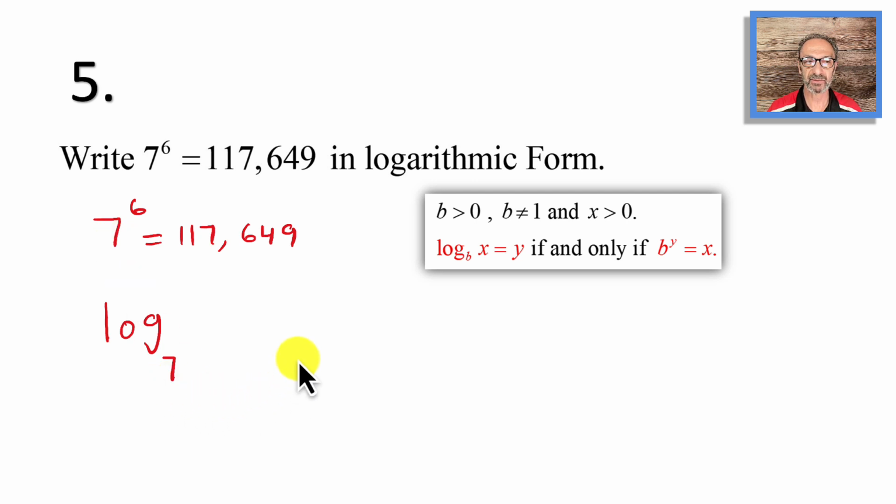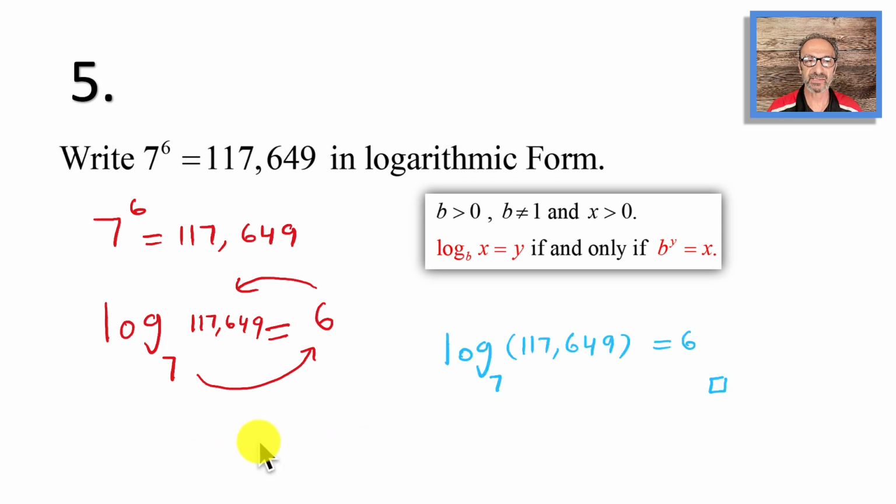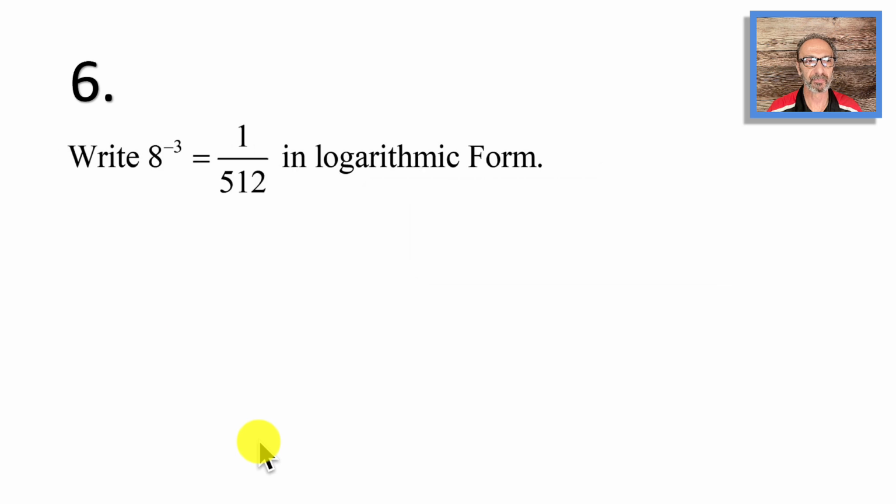And if you look at it this way, 7 to the power what? 7 to the power 6 equals 117,649. And that's the answer.